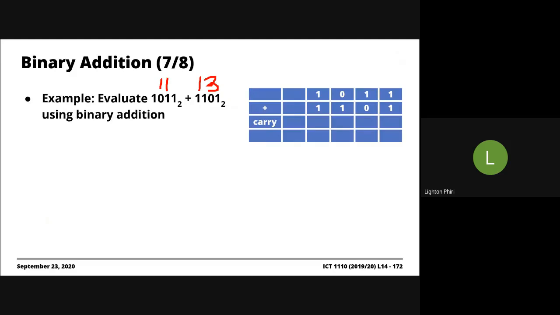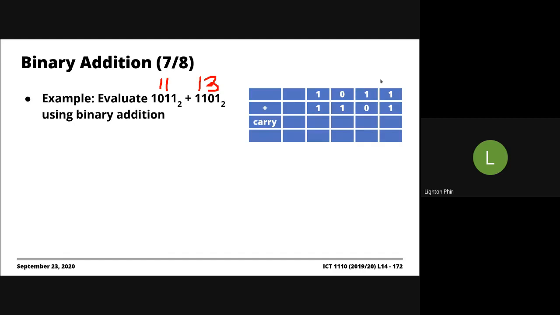As you practice to reinforce these rules and understand how to add binary numbers, it will be in your best interest to first convert the binary numbers to decimal, add them up, and then get the answer in binary before you understand the rules. But eventually you understand the rules, which is what we're doing next, right?